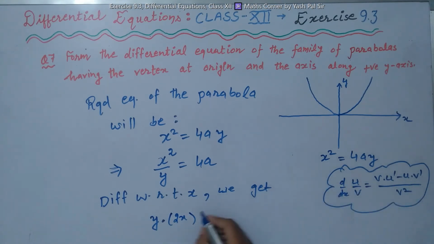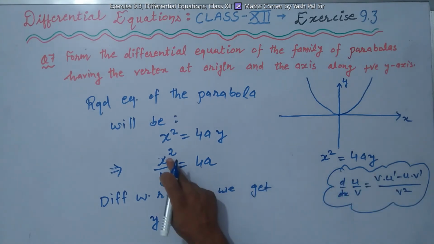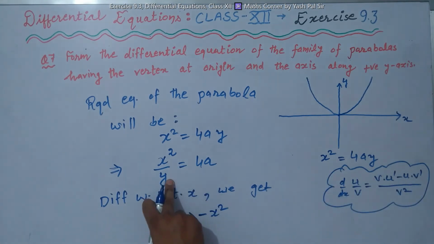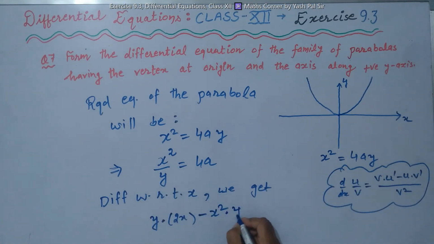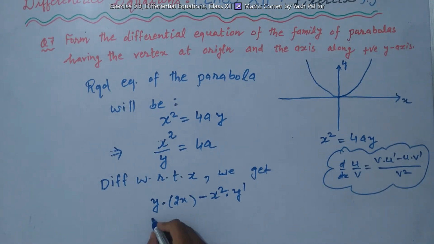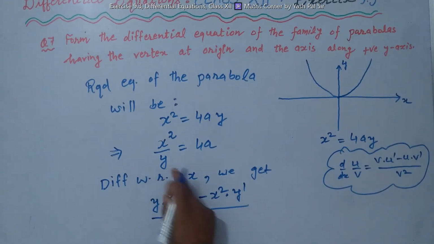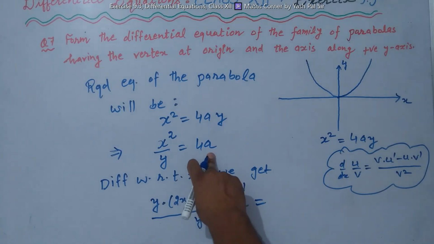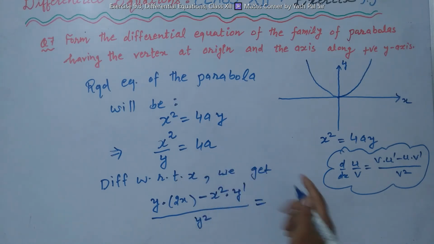Next is minus sign, u, that means x square, into v dash, that means derivative of y, which is y dash, right? So upon v square, that is y square, is equal to 4a, which is purely constant, its derivative will be 0. We can write this equal to 0 upon 1.